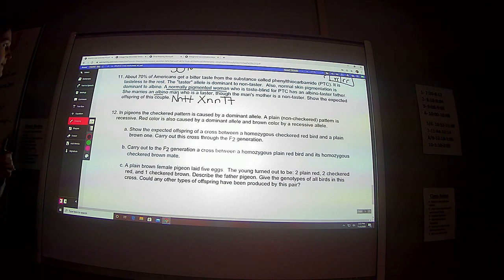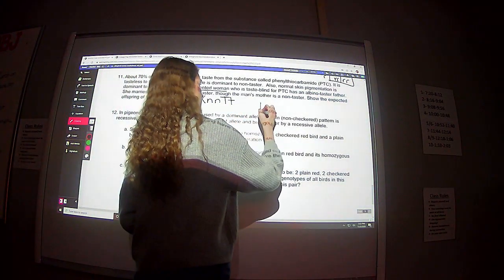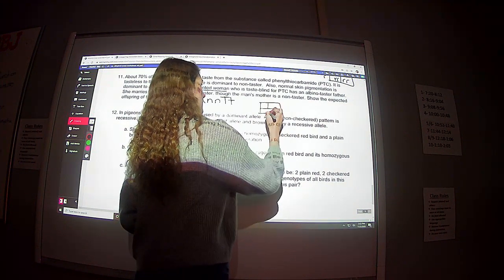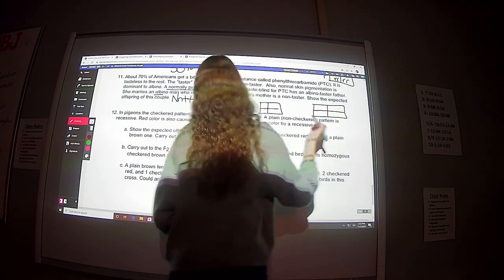So show the expected offspring of this couple. You could do a big dihybrid cross, or you could shrink it down a little bit and do two monohybrids. I'm going to do the two monohybrids.